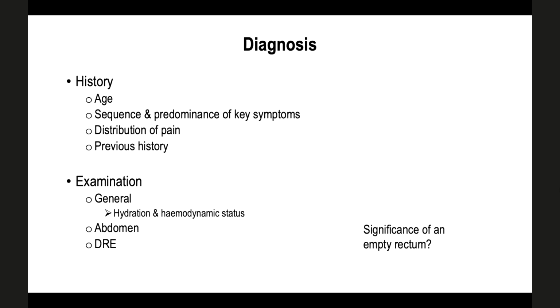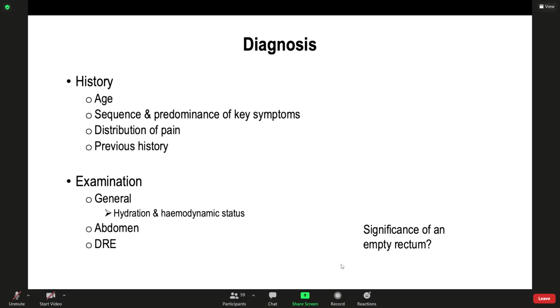Absolutely. Perfect. So if you have obstruction proximally, like we said, all the intestinal contents that are secreted, and if you remember your physiology again, a large part of the feces that we pass is not what we eat really.